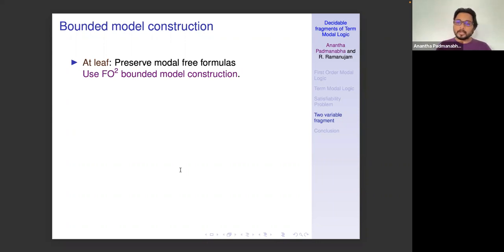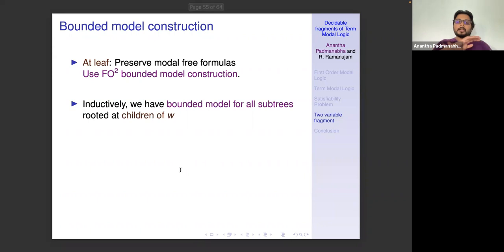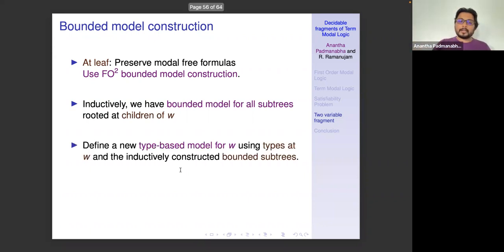Now, once we have that, we construct bounded models at the leaf, right? Now, inductively assume that you have constructed the bounded model for all subtrees for this particular root. And then what you can do is you can define a type-based model where, instead of the current domain elements that you have at this world, you replace them with the corresponding types.